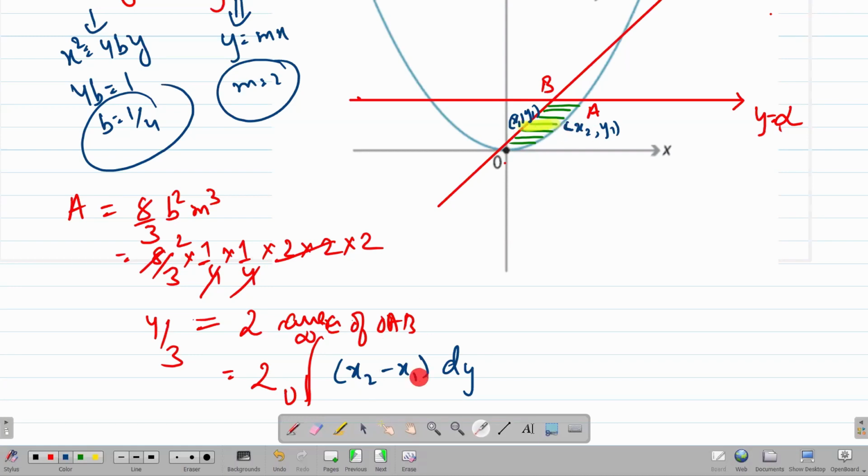Length is here x2 minus x1 and breadth is a very small change along y, that is dy.